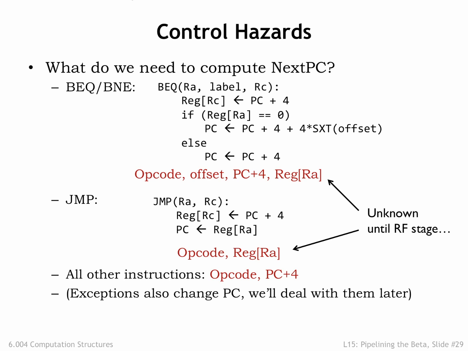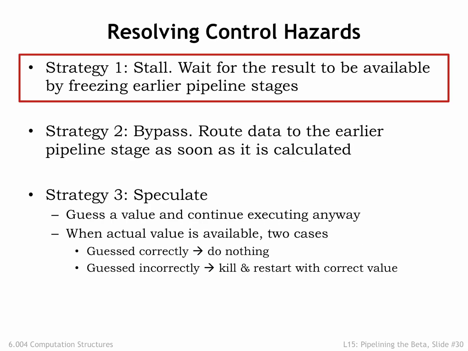But what should the IF stage be doing while all this is going on in the RF stage? The answer is that in the case of jumps and taken branches, we don't know what the IF stage should be doing until those instructions are able to access the value of the RA register in the RF stage. One solution is to stall the IF stage until the RF stage can compute the necessary result.